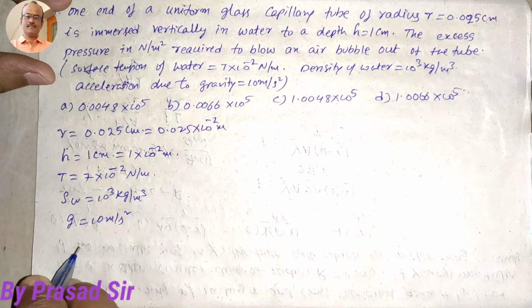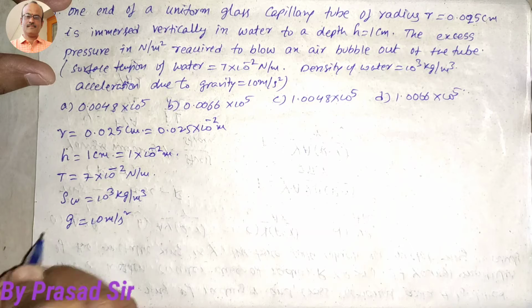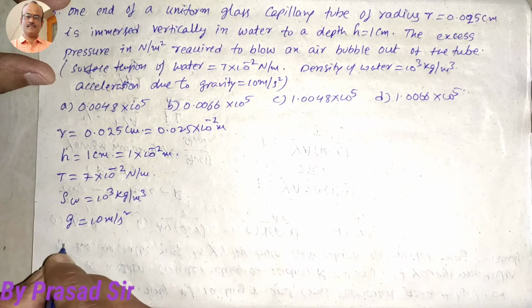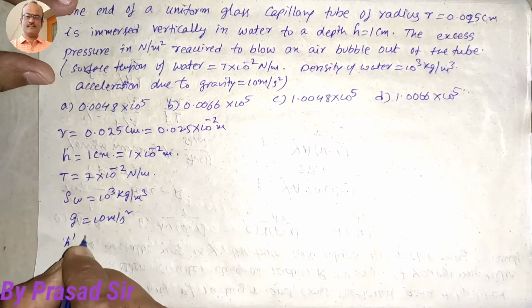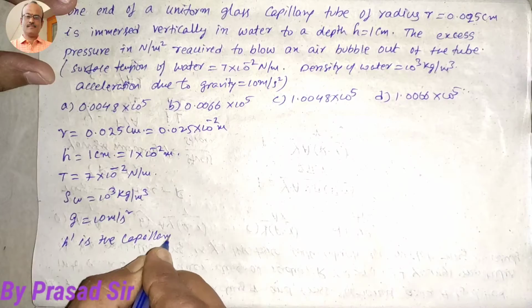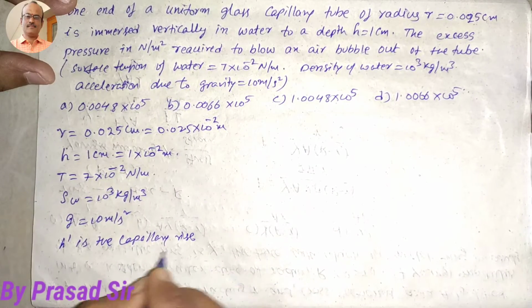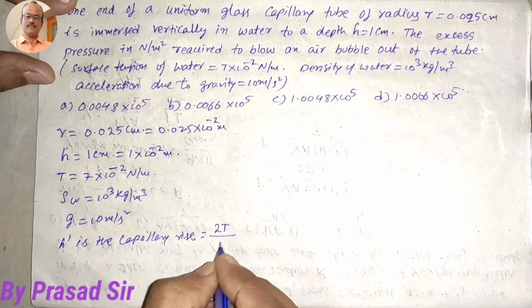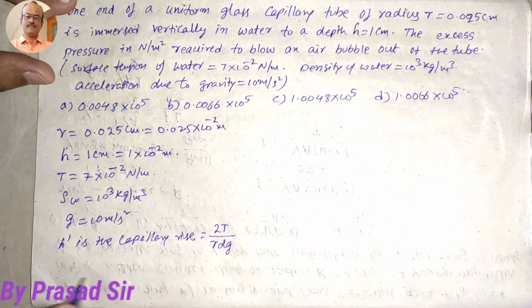But here, first of all, excess pressure is required. To calculate the excess pressure, first of all h dash, the capillary rise, is equal to 2 surface tension divided by r into d into g.